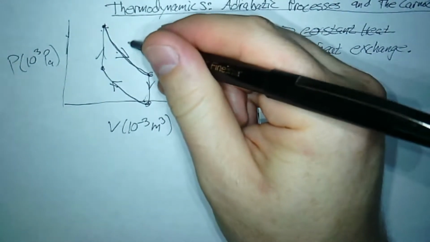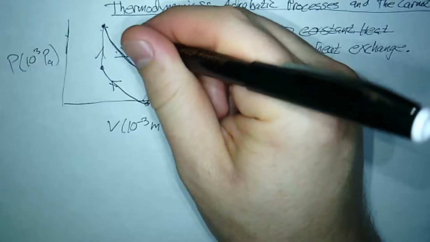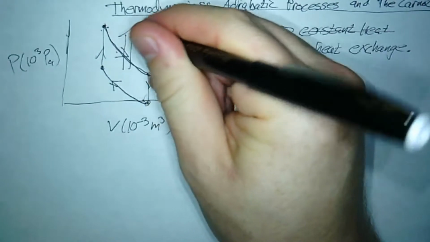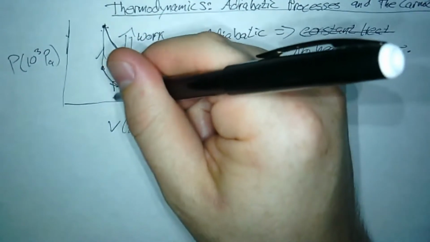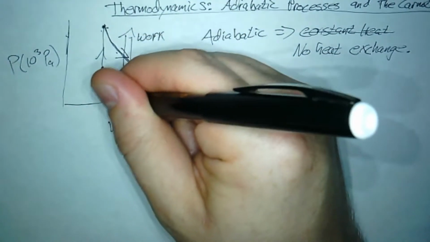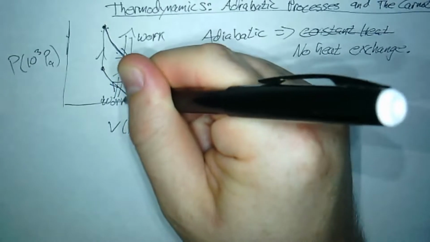And so you're still doing work because there's area under this curve. So energy is leaving the gas by work. Energy is entering the gas by work. But there's no heat flow on those sides.